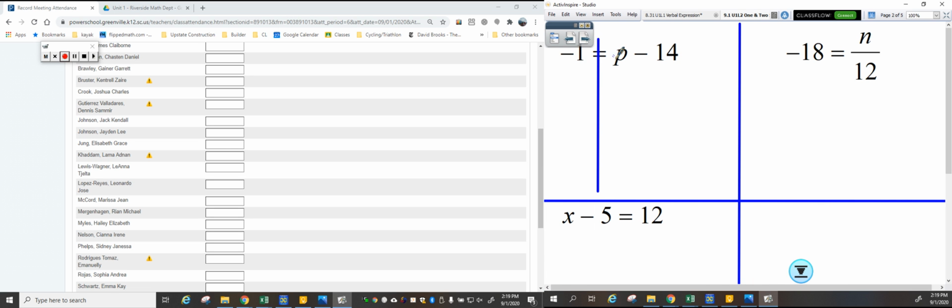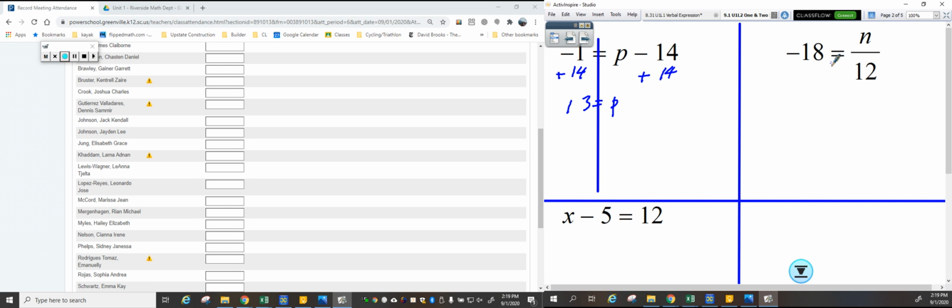All right, good. Now see, we're used to seeing the variable on the other side. So this one kind of may throw us off. That's why the line actually works out pretty good, because then we can say, this is the guy that has to move. So I'm going to do the opposite of this. And so what's negative 1 plus 14? 13.